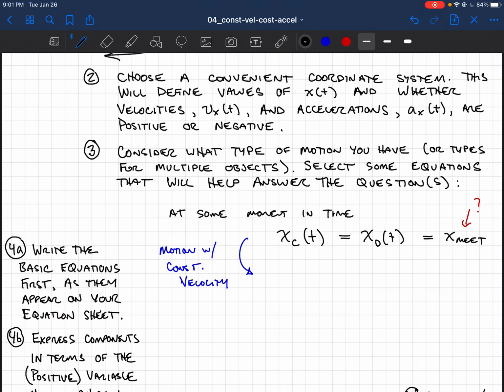So for motion with constant velocity, we have x at time t is equal to x0 Chicago plus v0 Chicago x times t. Detroit is going to be x0 Detroit plus v0 Detroit times t. And those times are the same, but nothing else in this equation is the same between the two trains. So that's writing out the equation as it sits on your equation sheet.